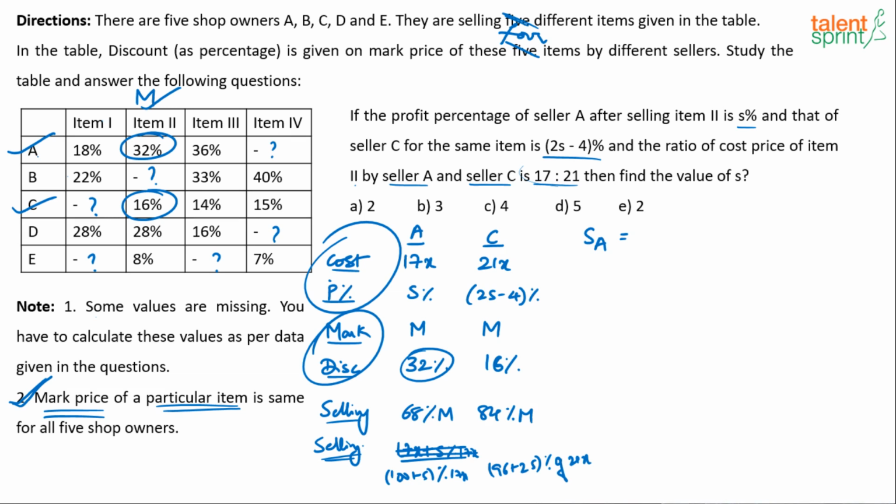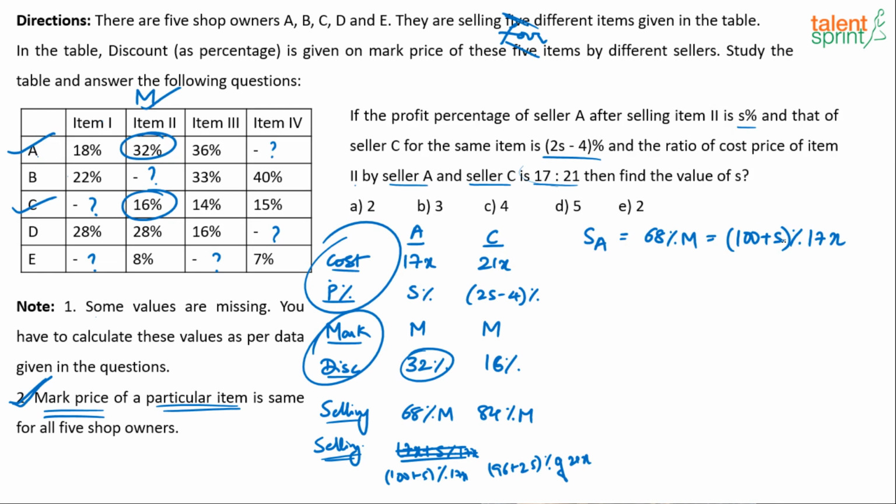What do we do? Should we solve it that way? Try it out. So selling price by seller A is 68% of M, which is equal to 100 plus S percentage of 17x. You understand?